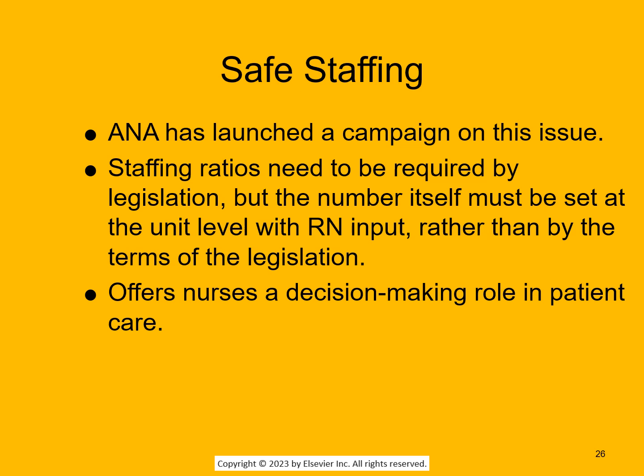Safe staffing. Like I said, we talked about that already. ANA launched a campaign on this issue. And so again, the Board of Nursing made some changes. That doesn't mean that the organization complied with it, but based on the change that the Alabama Board of Nursing made, they're looking at the acuity of the patient and also gauging the staffing ratio, and then also the area of practice.